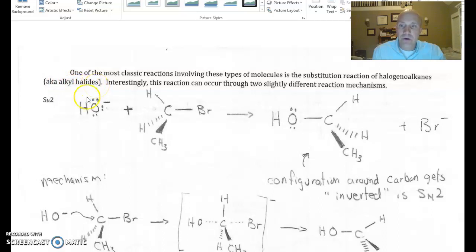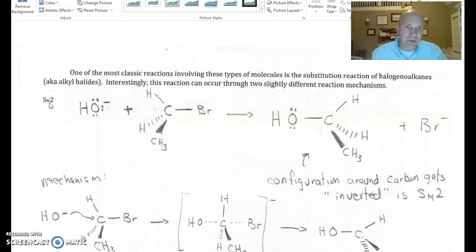The interesting thing about this reaction is that it can occur through two slightly different reaction mechanisms. The first of these is what's called an SN2 displacement, or an SN2 substitution. Notice that when you write that, all the letters are capitalized, but the N tends to be subscripted like that.